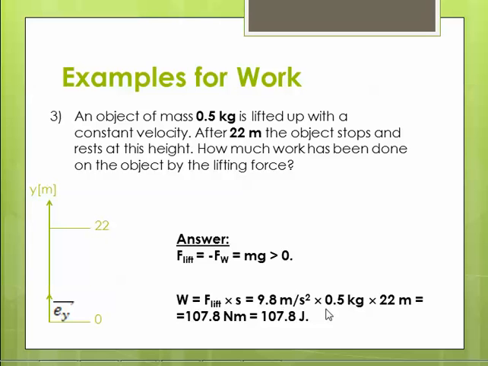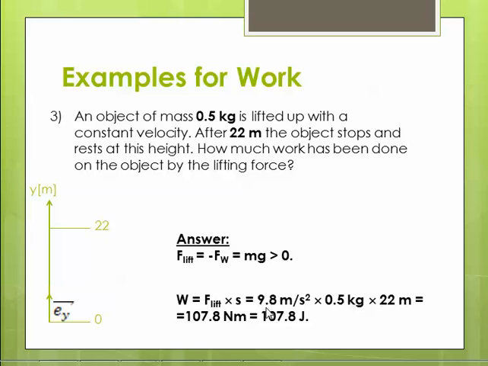We have been given the mass, 0.5 kilograms, and we know the acceleration. It is minus the Earth's acceleration, 9.8 meters per square second. So this part here is the lifting force. The lifting force needs to be multiplied by the distance. It is 22 meters.